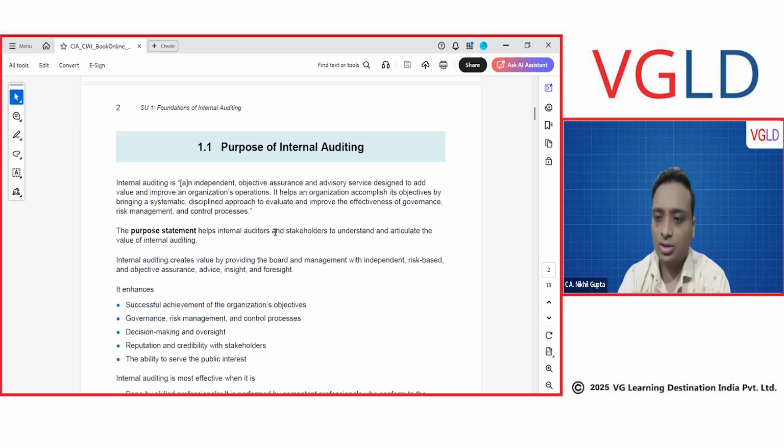What happened during those real life scandals? One way or another, the independence of the auditor was influenced. The auditor was not able to act independently without any biasness or undue influence, which resulted in financial fraud.